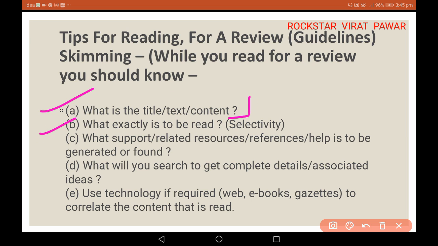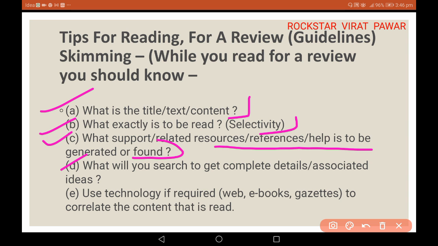Then you should go to what exactly is to be read selectively, because if you are reading any book and reading all the chapters given in it, it is not actually reading, it is only completing the book. If you want to get interesting information, or if you want to improve yourself, you should know what problems you are facing. If you are facing some problems, you should read that type of books and get the answer from the books also. See what support, related resource, reference help is to be generated or found.